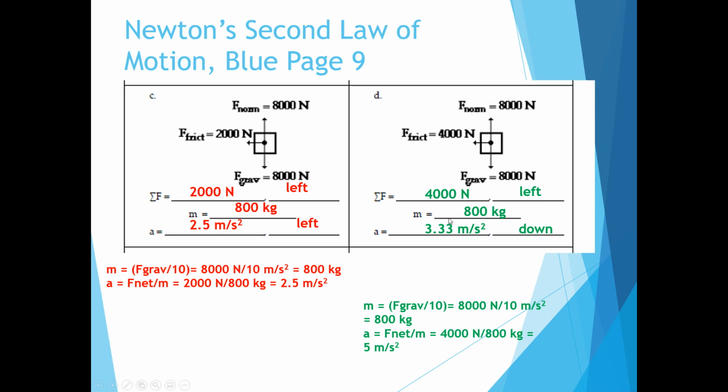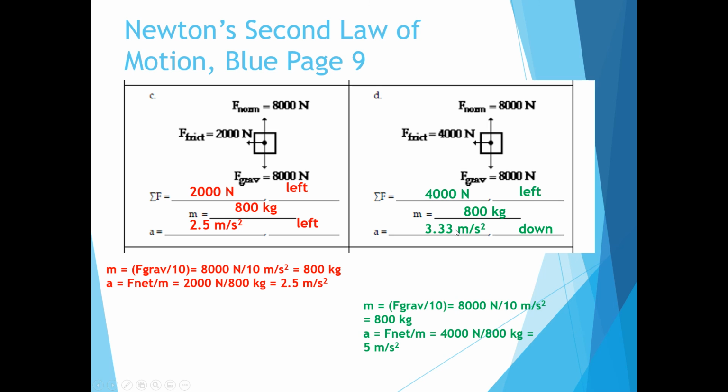D, by observation, we can look at the up and down. They're equal, so the net force is the same as this force of friction of 4,000 newtons to the left. Our mass is 8,000 divided by 10, which gives us 800, so that's 800 kilograms. And our acceleration is going to be the net force divided by the mass.